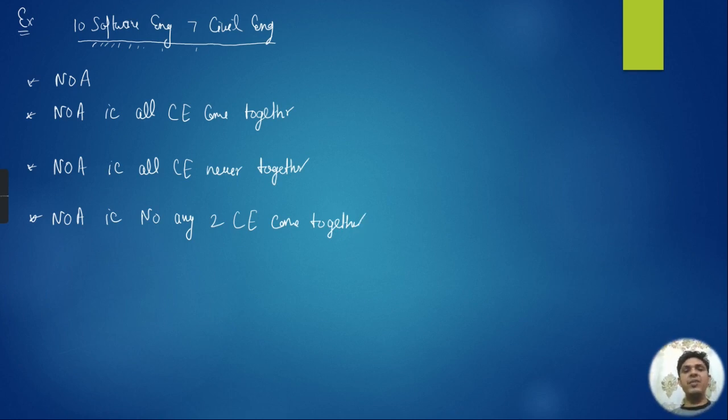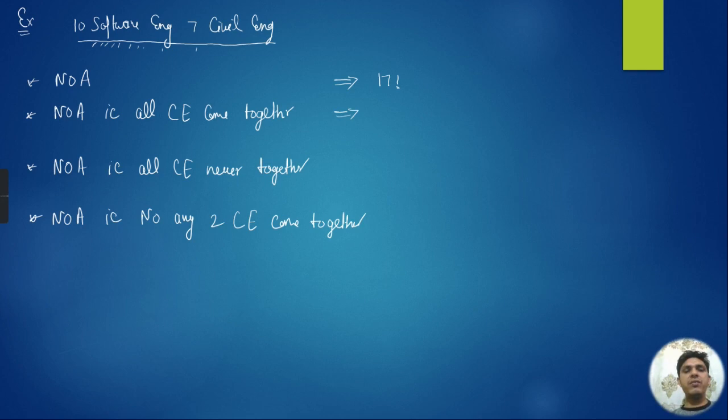So students, if we look at the first thing, the number of arrangements will be simply, without any condition, total number of things 17, and 17 things can be arranged in factorial 17 ways. Answer will be factorial 17. Coming to the next question, the number of arrangements such that all civil engineers come together.